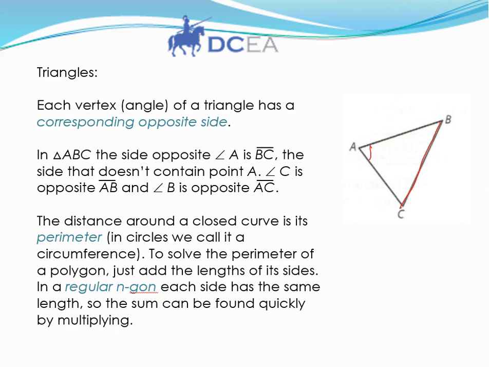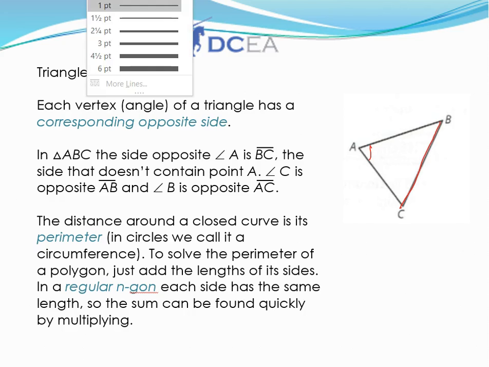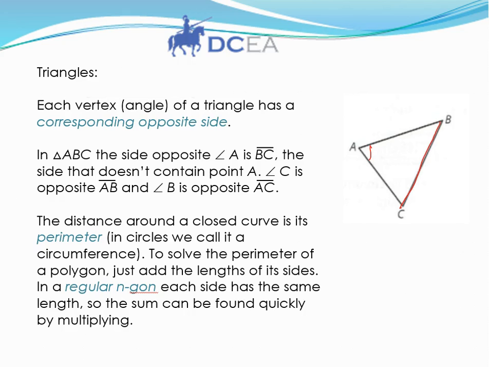BC is the side that does not contain A. The opposite side of angle C would be AB. And the opposite side of angle B would be AC.